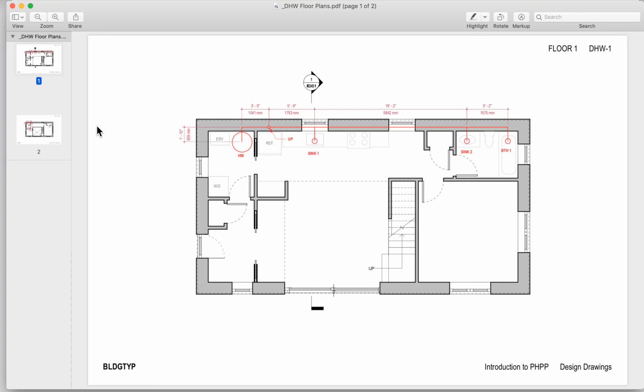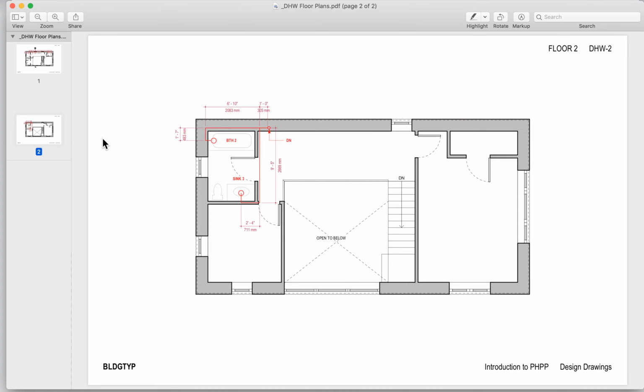If I go to the second floor plan, remember, on this building we have a small bathroom on the upper level, so we have another sink and another bathtub or shower. Of course, we're going to have a vertical riser there for the hot water to get up to the second level. So pretty compact, all things considered. It would have been nice to stack those bathrooms one on top of another, but it's a small building, so not too big of an issue.